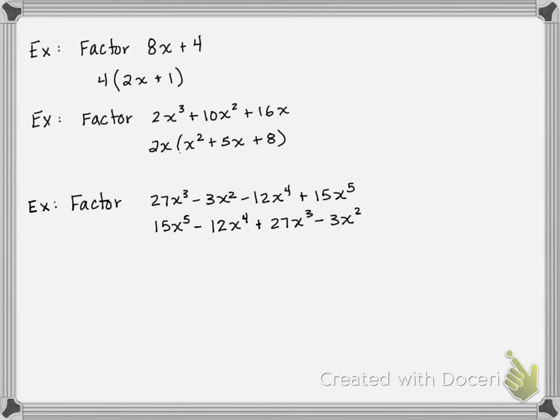The big thing to keep in mind as you do this is that the signs have to go with the term, so you don't want to mix up your signs as you're rearranging. The 15x to the fifth stayed positive, the 12x to the fourth stayed negative, the 27x to the third stayed positive, and the 3x squared stayed negative, even when I moved it.